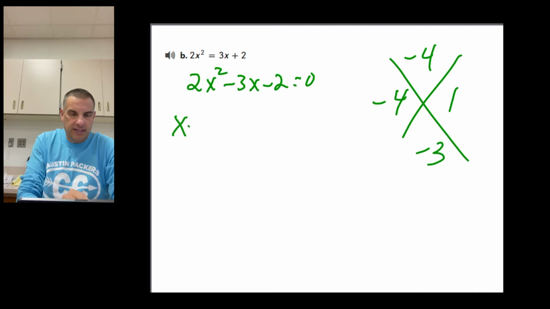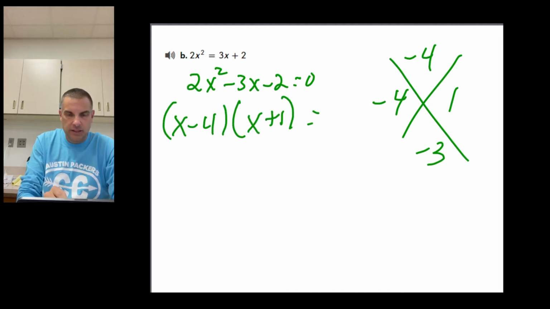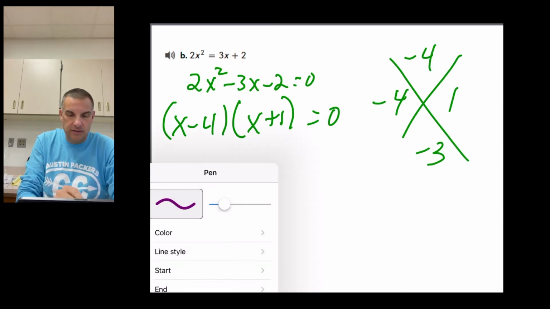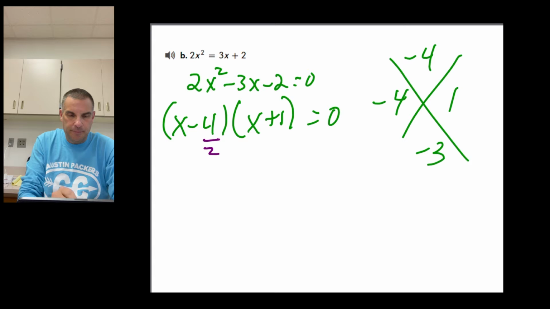So we've got x minus 4, x plus 1 equals 0. My a value is 2, so make sure you divide and reduce. So that's x minus 2. Doesn't reduce, so that's 2x plus 1.